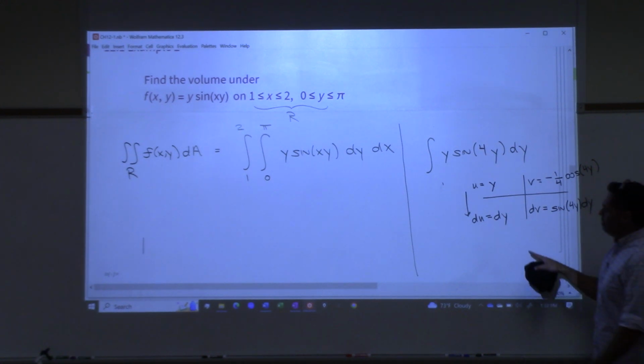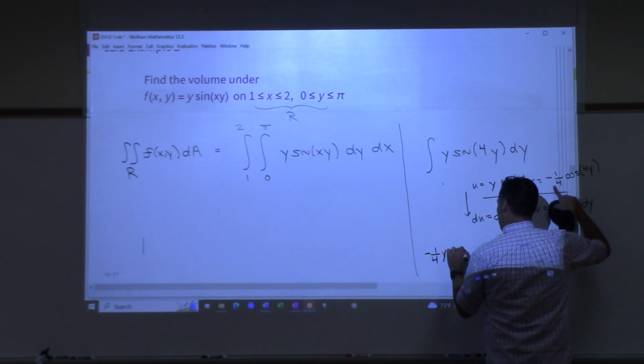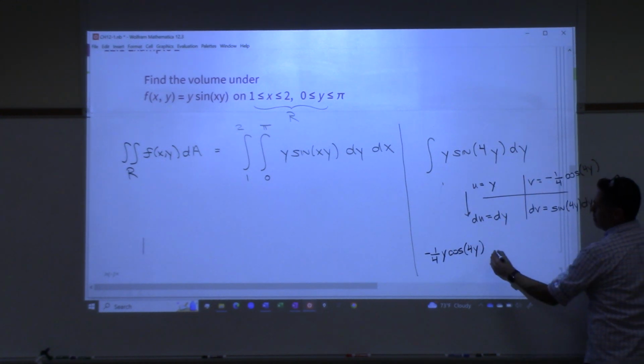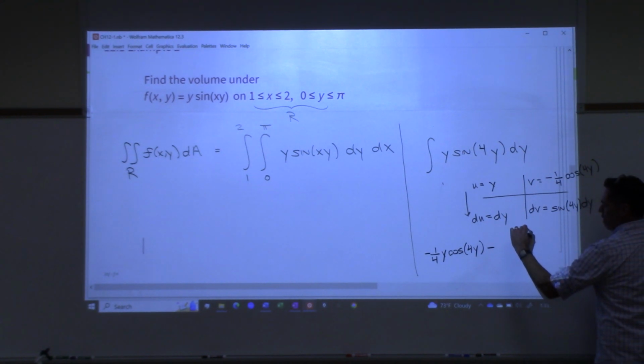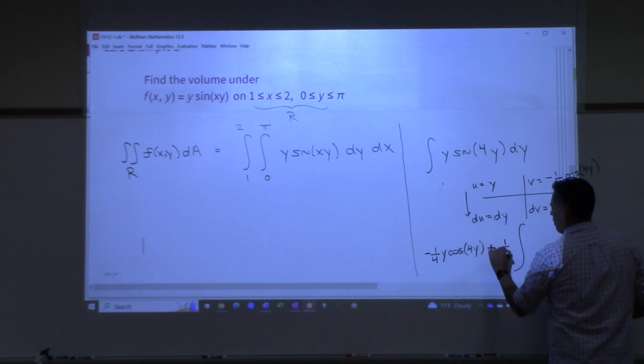So what is our ultraviolet? These two multiplied, so I'm going to put negative 1/4 y cosine of 4y, and then minus, I like to leave space in the front in case I need to pull a constant out. Now it's these two multiplied together. So I actually do have a constant I can pull out, right? Negative 1/4 can come out in front here and become plus 1/4.